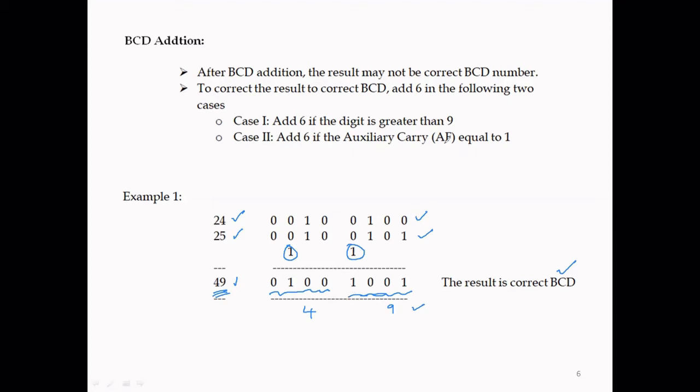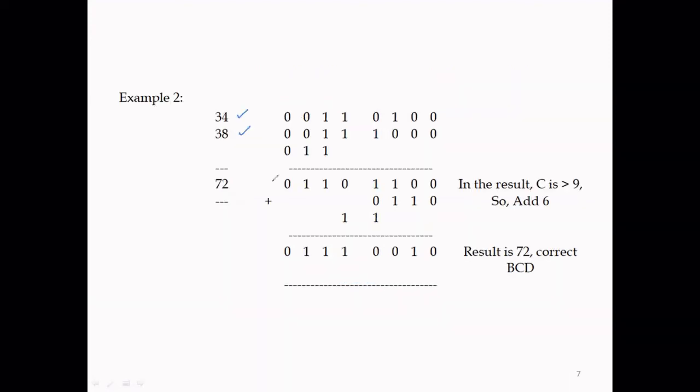Let us see one more example where we can get digits more than 9, and how we add 6 then. Take 34 and 38. Manually, 8 plus 4 is 12, a carry, 3 plus 3 plus carry is 7, so 72 to the base 10. But what will the computer do?